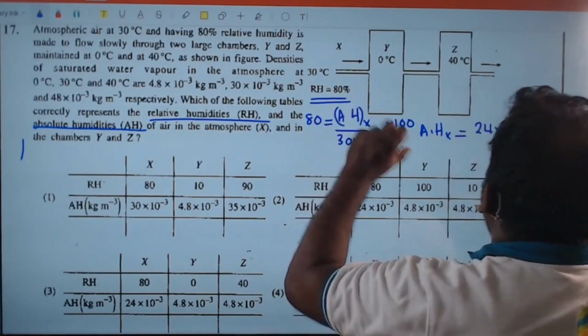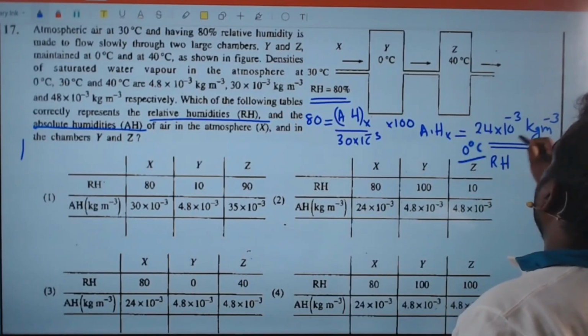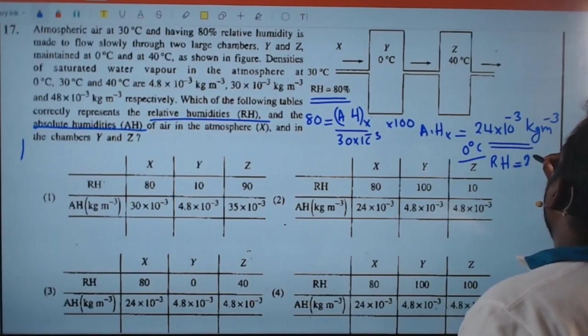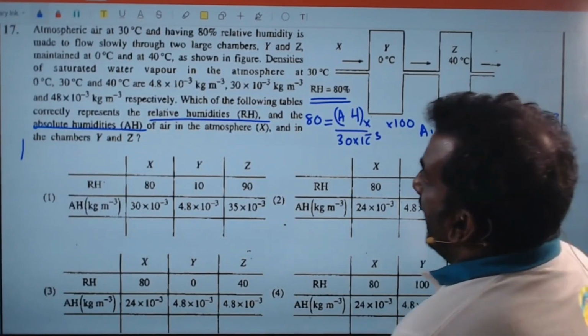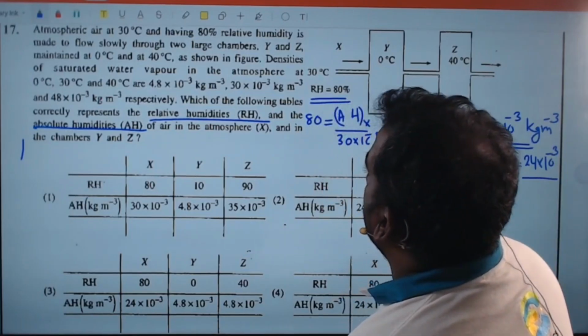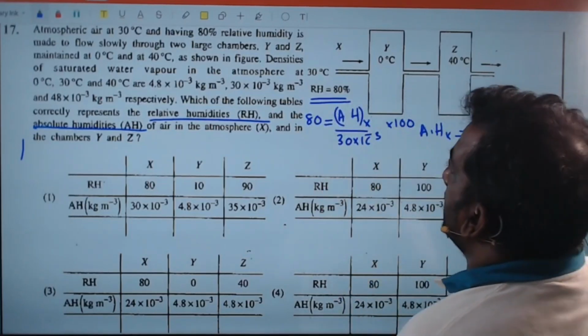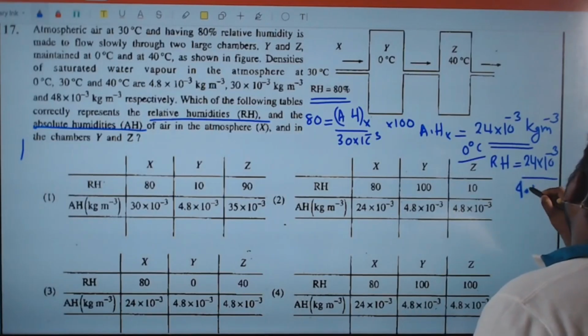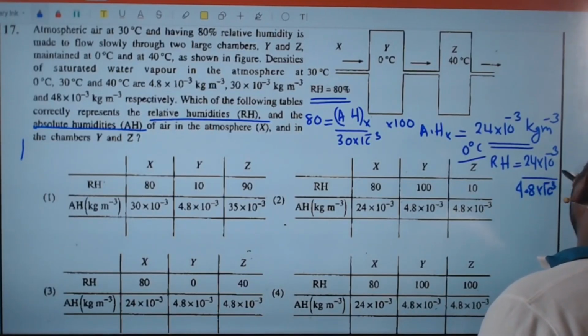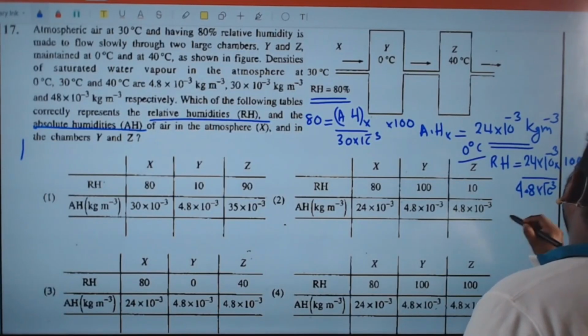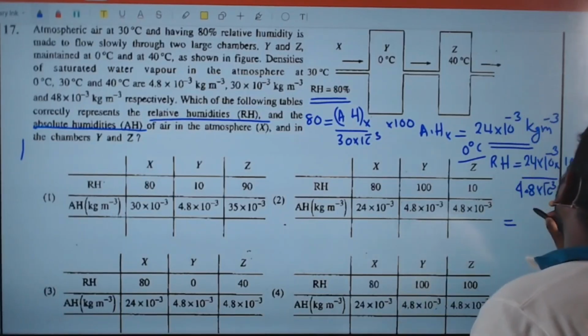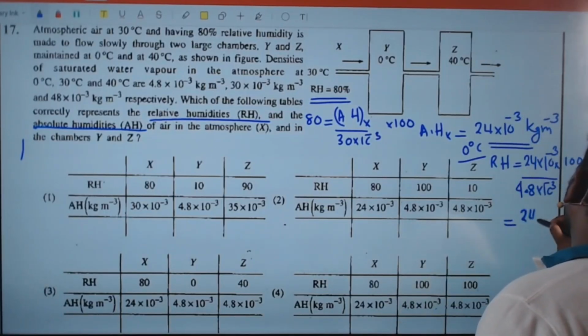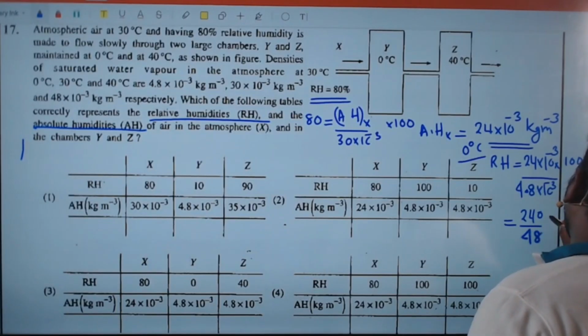Now once it enters there, the same vapor density is there. 24 × 10⁻³ at 0 degree Celsius, it's 4.8 × 10⁻³ into 100. Simplify this.